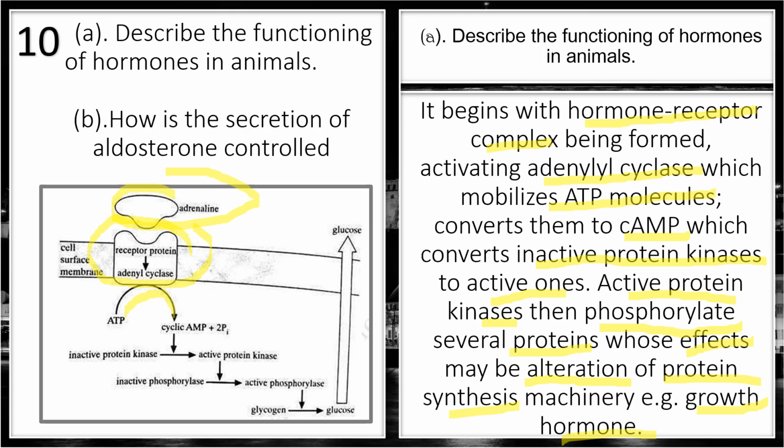This will convert the inactive protein kinase to the active protein kinase. And this one now will phosphorylate the inactive phosphorylase to active phosphorylase, which is going to convert glycogen to glucose, and there will be release of glucose.